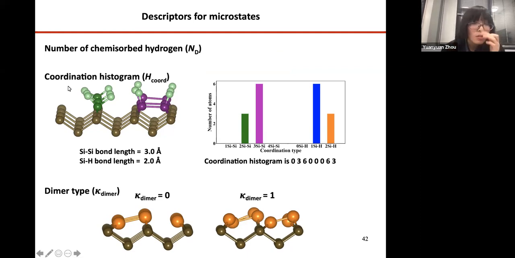And there are 3 silicon atoms, the gray balls, and each is coordinated with 2 other silicons and 2 hydrogens. So the coordination histogram is 0 0 0 6 3. The dimer type is defined such that if the dimer is formed on the same side, the dimer type is 0, and otherwise it is equal to 1.